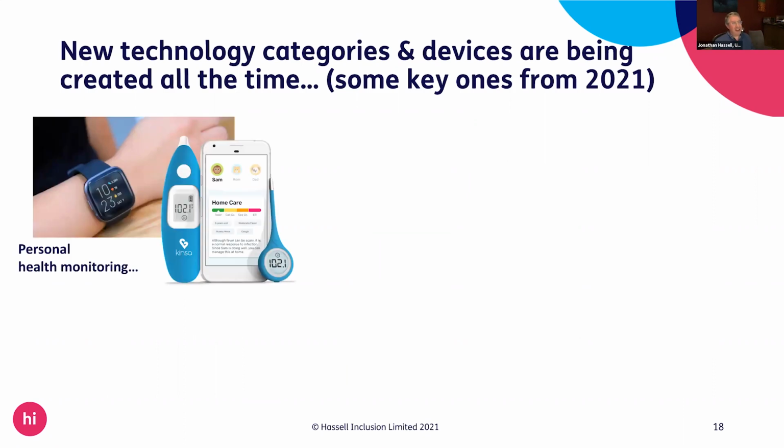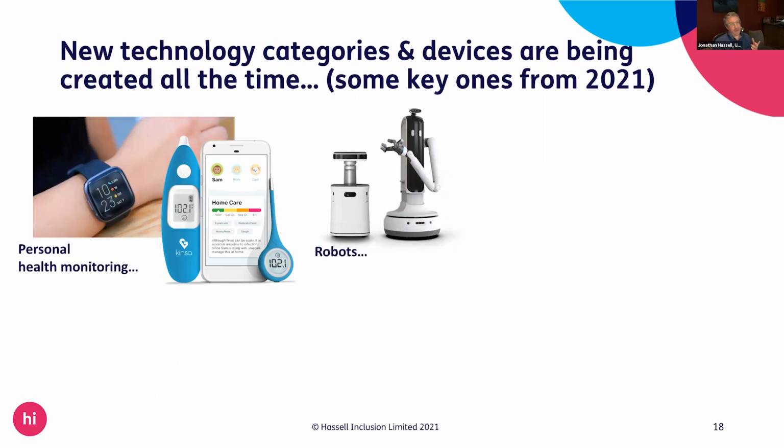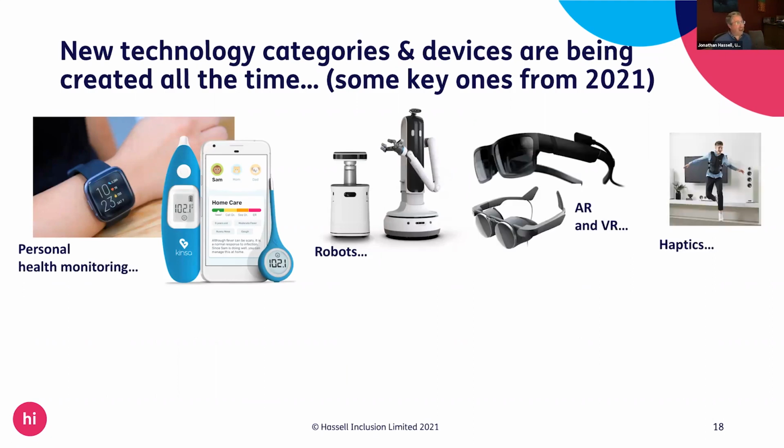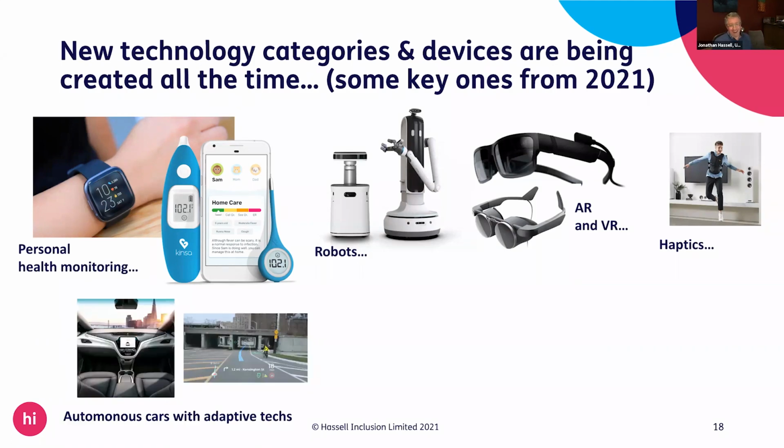So for example, how do you do accessibility for public health monitoring? How do you do it for robots, for augmented reality and virtual reality and haptics? How do you do it for autonomous cars? Even autonomous cars that have technologies in them that they term adaptive or assistive technologies, which is a term that they've taken from our space.